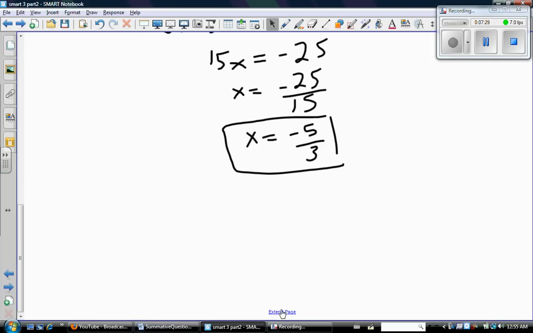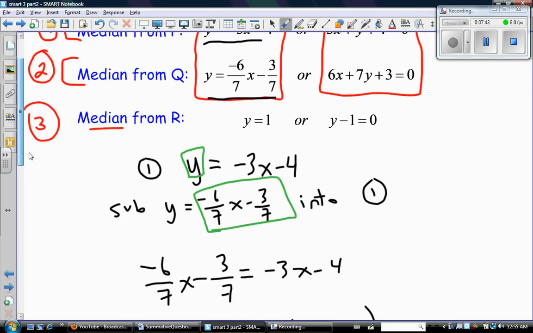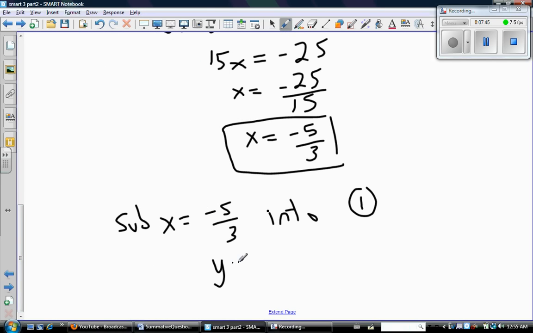So now I am going to sub x equals negative 5 over 3 into either equation 1 or 2. Let's sub it into equation 1, which said y equals negative 3x minus 4. Here's my new value of x.